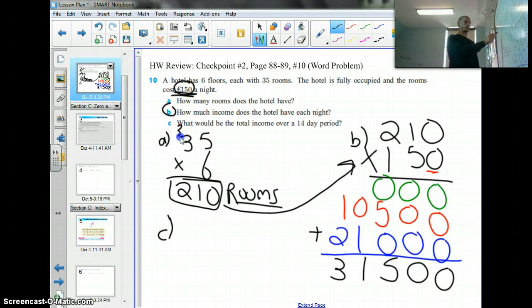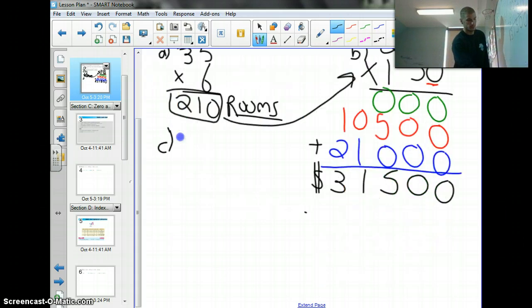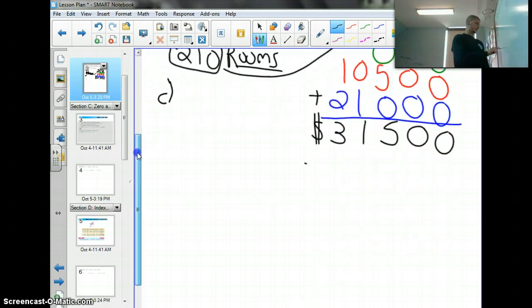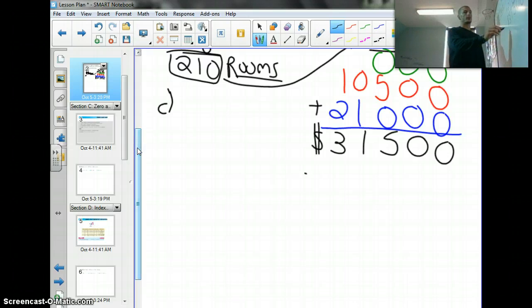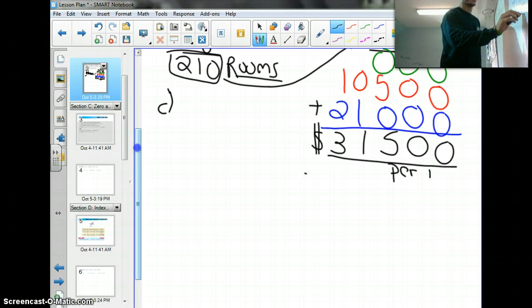So for question B, how much income does the hotel have each night? Well, put our dollar sign there. The income is $31,500. That's how much you're making per night.